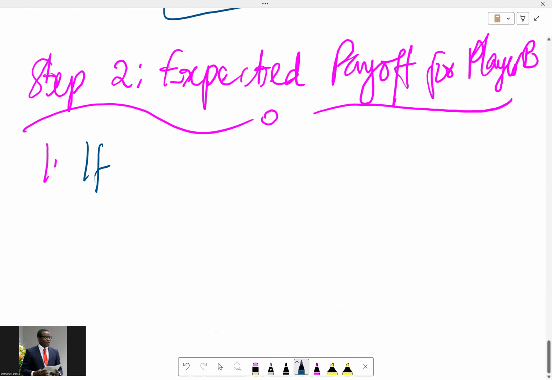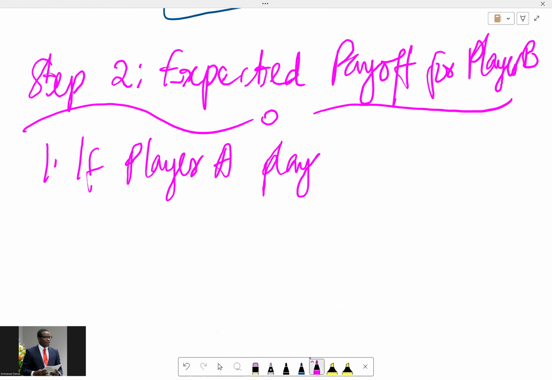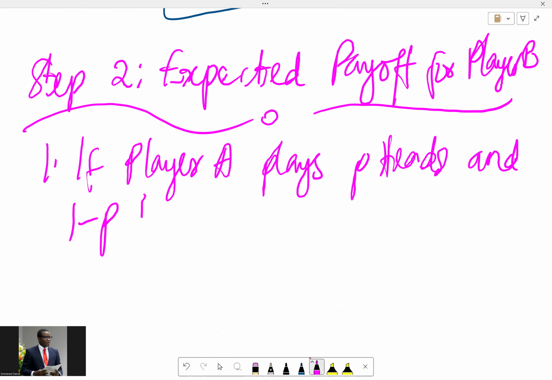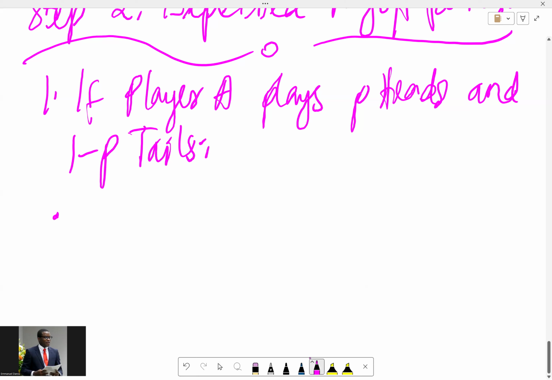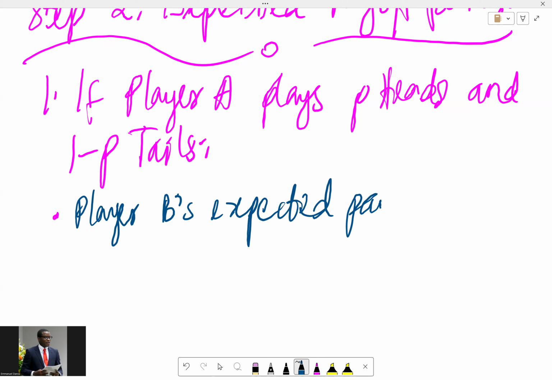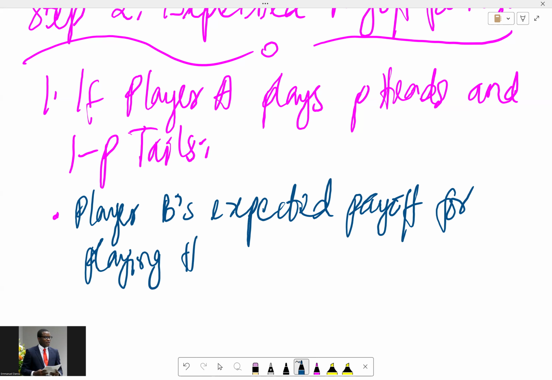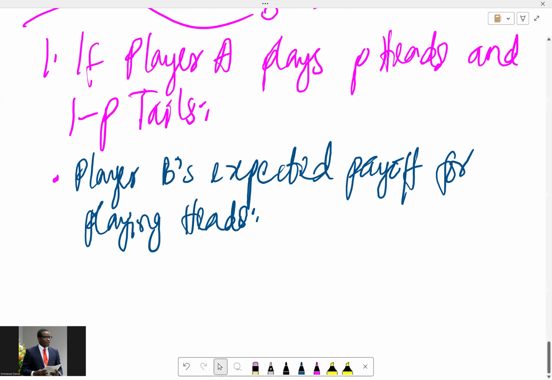So point 1 here, if player A plays P heads and 1 minus P tails, what happens? First scenario, we have player B's expected payoff for playing heads, which will be as follows.